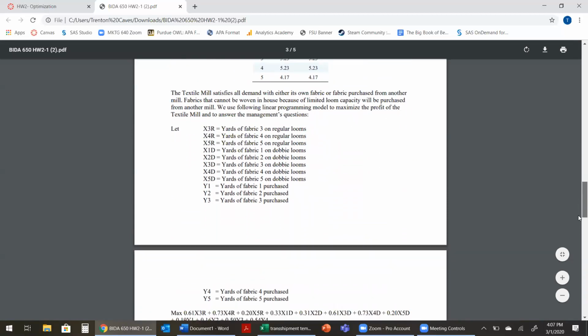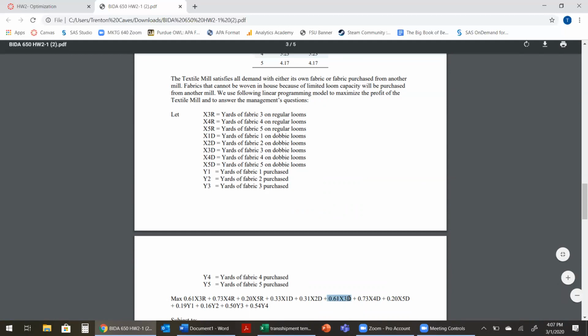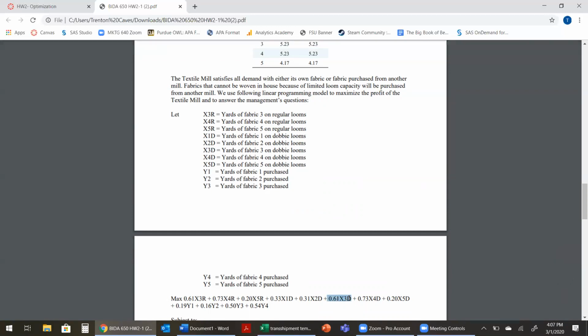So here we go. We're looking at the X3D, currently 61 cents. Do you see where I found that?